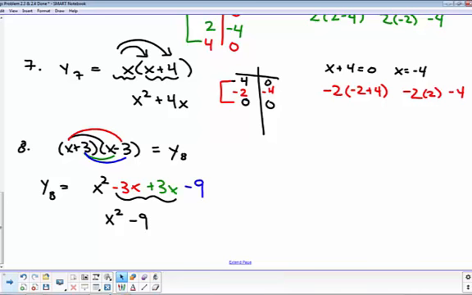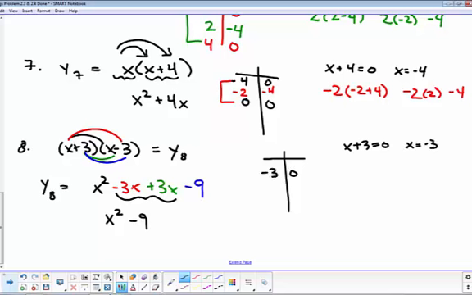If you think about your table, when does x plus 3 equal 0? That's at negative 3. So negative 3 gives us 0. When does x minus 3 equal 0? That's at positive 3. So 3 gives you 0. What's directly in the middle is 0.